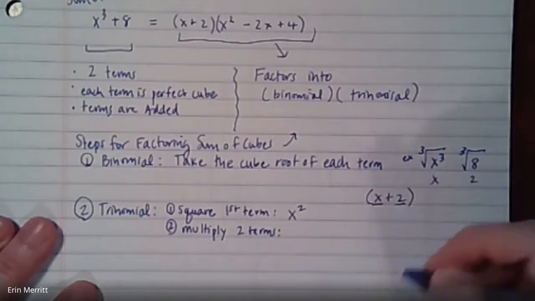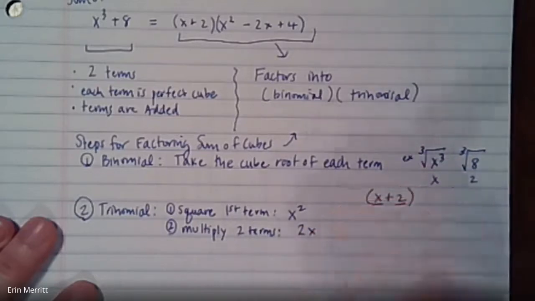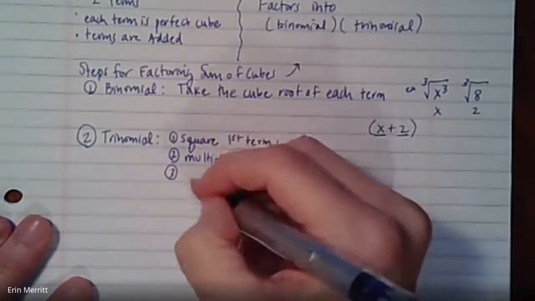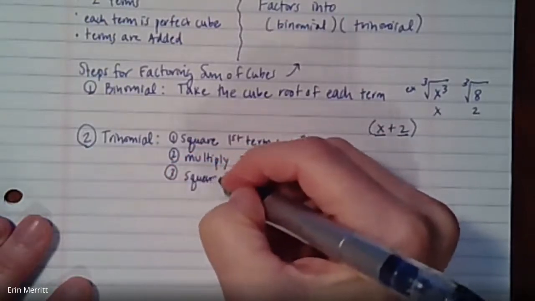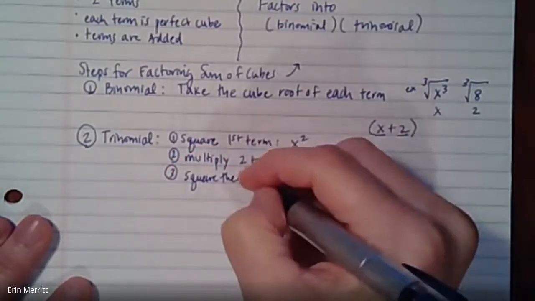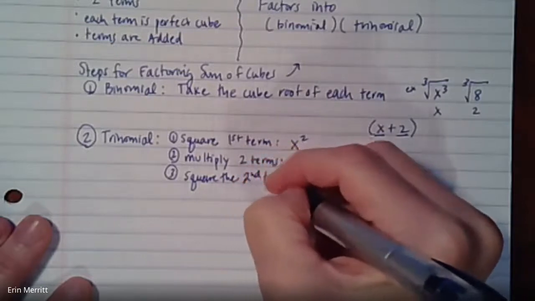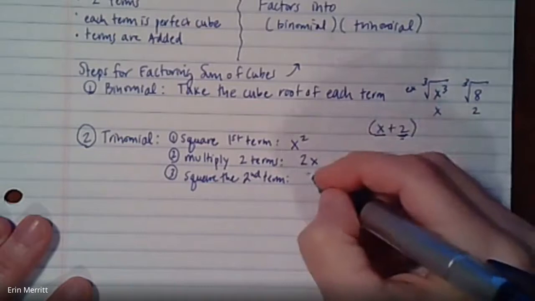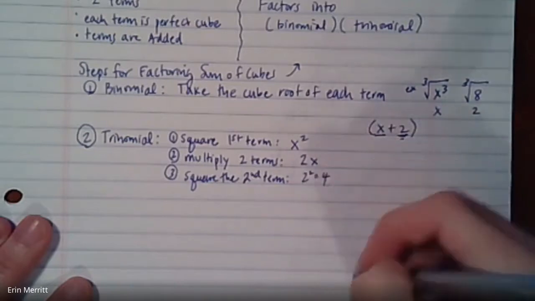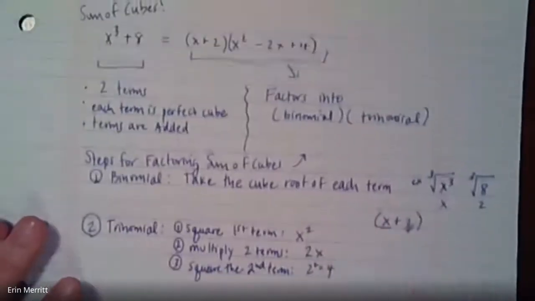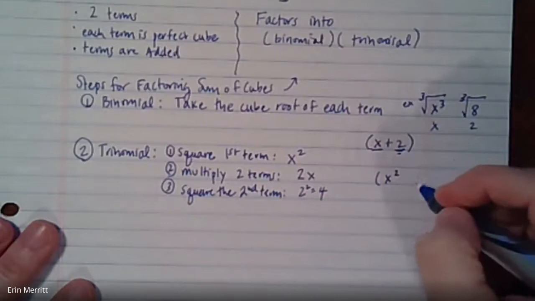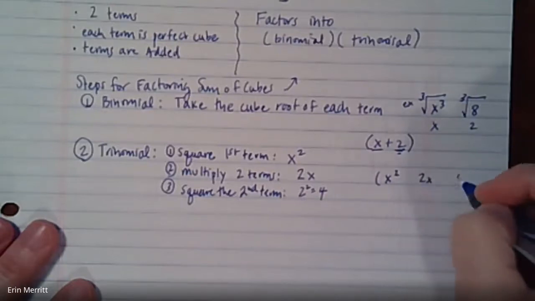So the x and the 2, when you multiply them together, that gives you the 2x. And then the third part of it, you square the second term. All right, what I mean by that, the 2 is the second term here. When you square 2, that gives you the 4. So that's where you can see all 3 of those pieces there. And that turns into the x squared and then the 2x and the 4.